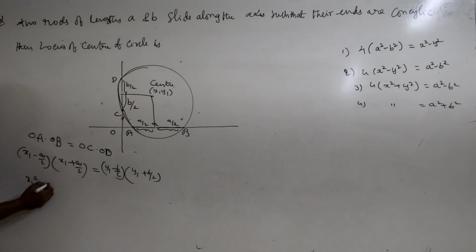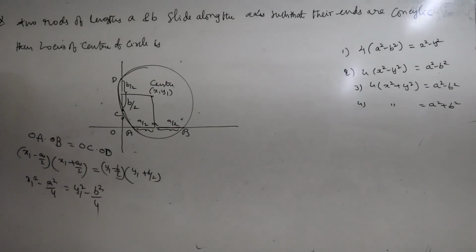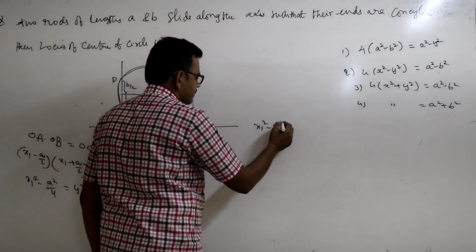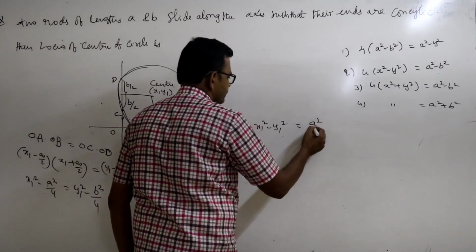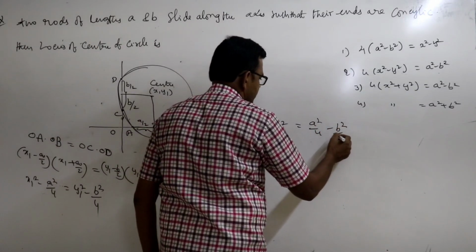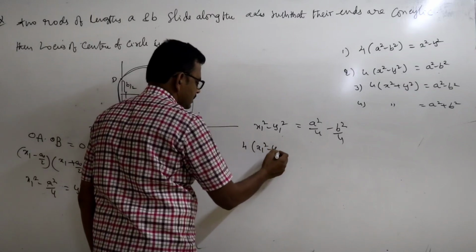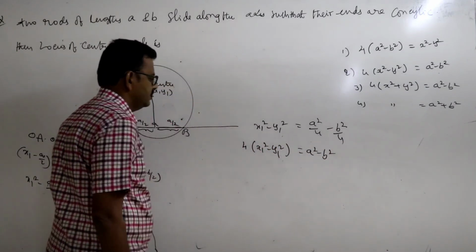So x1 square minus A square by 4 equal to y1 square minus B square by 4. So x1 square minus y1 square equal to A square by 4 minus B square by 4. That is 4 into x1 square minus y1 square equal to A square minus B square.